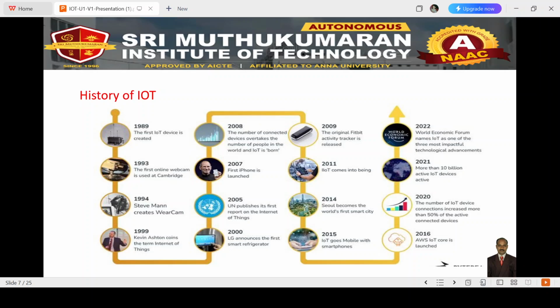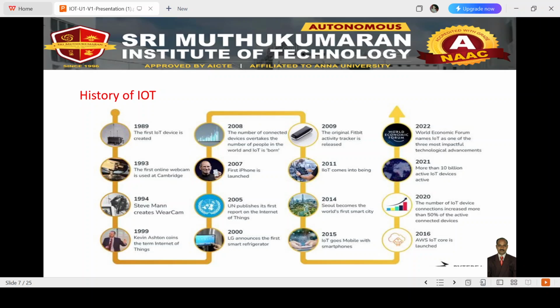In 1999, Kevin Ashton coined the term Internet of Things. So the year we call the start of IoT is 1999. Then after a gap of around 9 years, in 2008, the number of connected devices overtook the number of people in the world, and IoT was born.